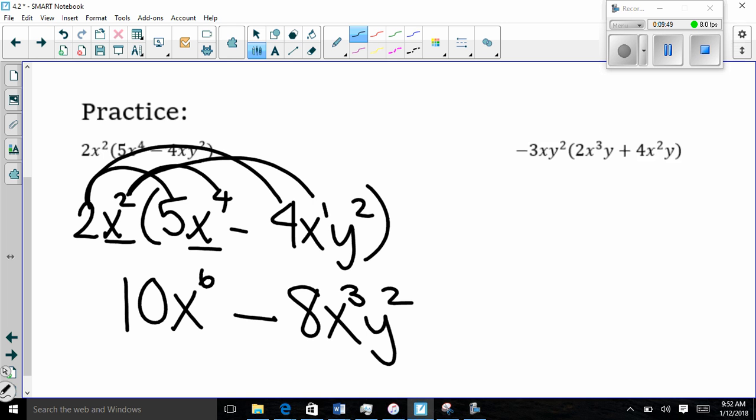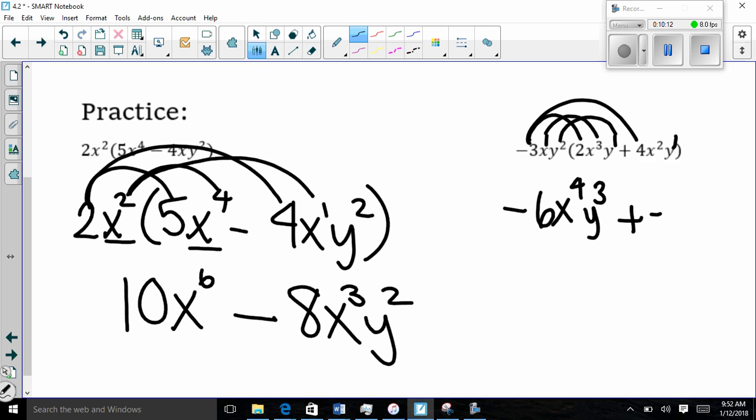Who got that right? Beautiful. All right, let's try the next one. I'm going to put my beautiful ones right here. And so I end up getting -6 when I do the coefficient. X times x to the 3rd, what? Fourth. And then y, 2 times y is y to the third, plus, do it again, negative 12, or you can put minus 12.